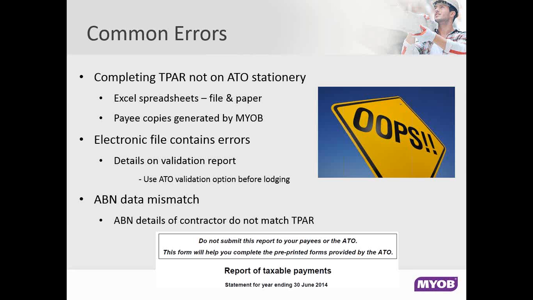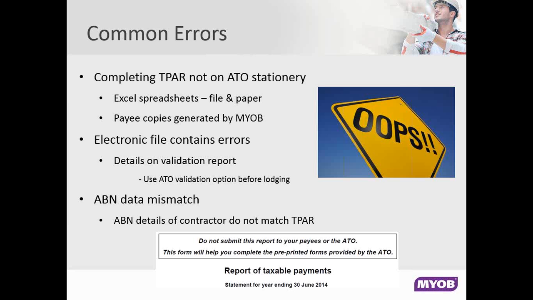The electronic file contains errors. The ATO had created a new way of sending information to them, and the taxable payments report was one of those. And unfortunately, I believe it's a poor workflow on the ATO's end, and what it did was it allowed businesses to lodge the report multiple times.